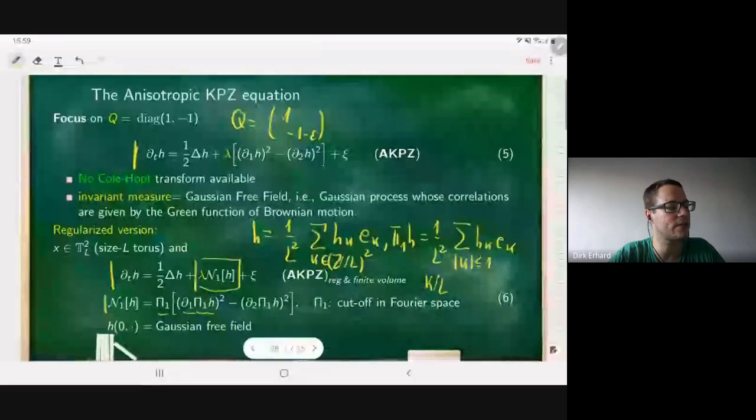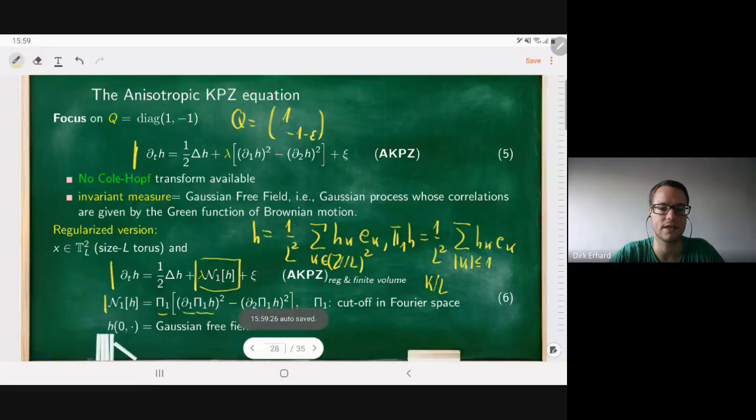If you would truncate the noise, then I'm not sure, but maybe you would keep the invariant measure, but the invariant measure would depend on the regularization, on epsilon.